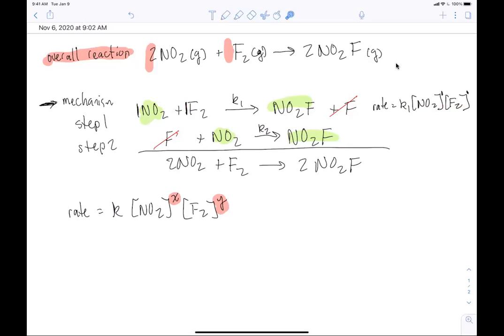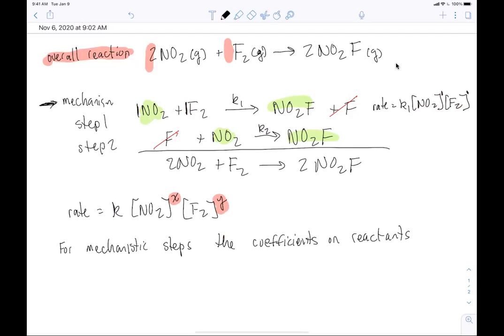Super confusing, right? So the short version is, for mechanistic steps, the coefficients on the reactants can be used to determine the order of the reactants.